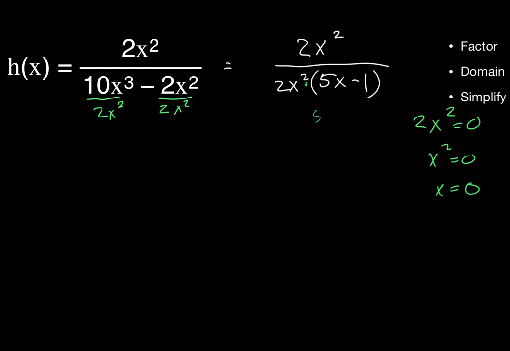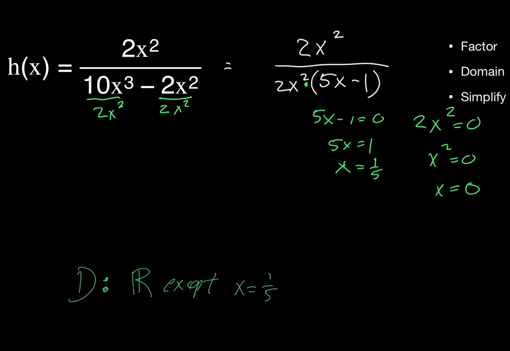Then I take 5x minus 1, set it equal to 0. 5x equals 1, x equals 1/5. So for my domain, I have all real numbers except x equals 1/5 and x equals 0.